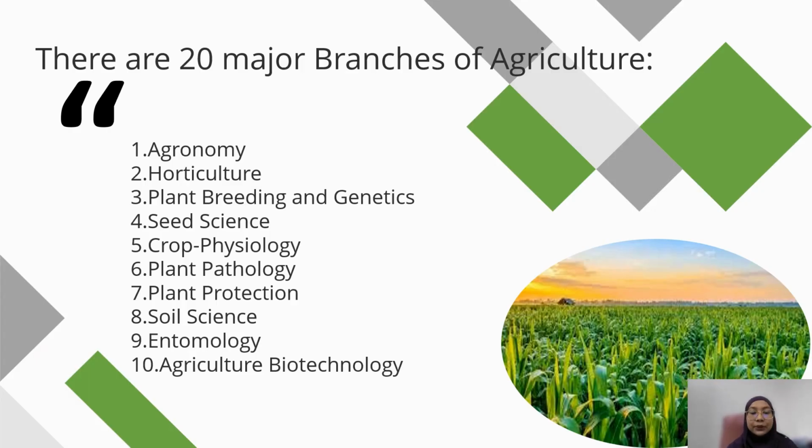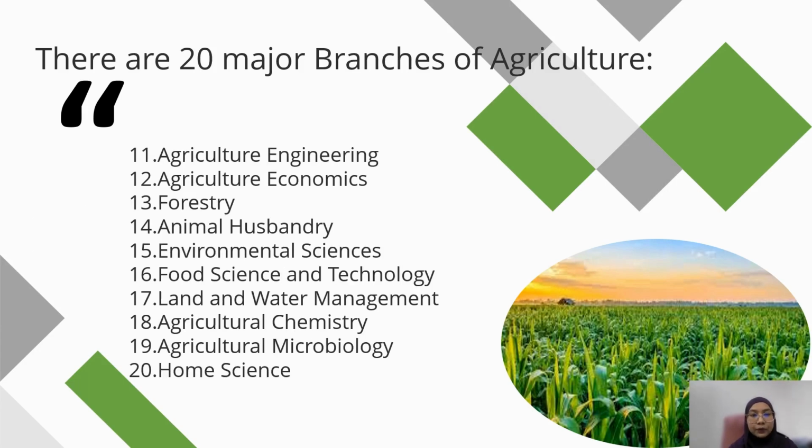Now we're going to look at agriculture engineering, agriculture economics, forestry, animal husbandry, environmental sciences, food science and technology, land and water management, agriculture chemistry, agricultural microbiology, and home sciences.